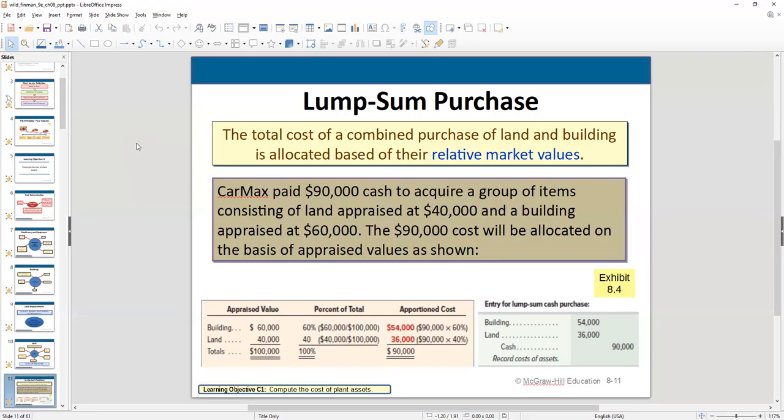Then we're going to come up with a percentage for the building and the land. It just happens to be 60% of the cost is the building and 40% is the land. Then we're going to multiply 90,000, which is the total of the two combined that we actually paid, times those percentages. So we come up with the acquisition cost apportioned at $54,000 for the building and $36,000 for the land. And you can see here how it's recorded as an asset.